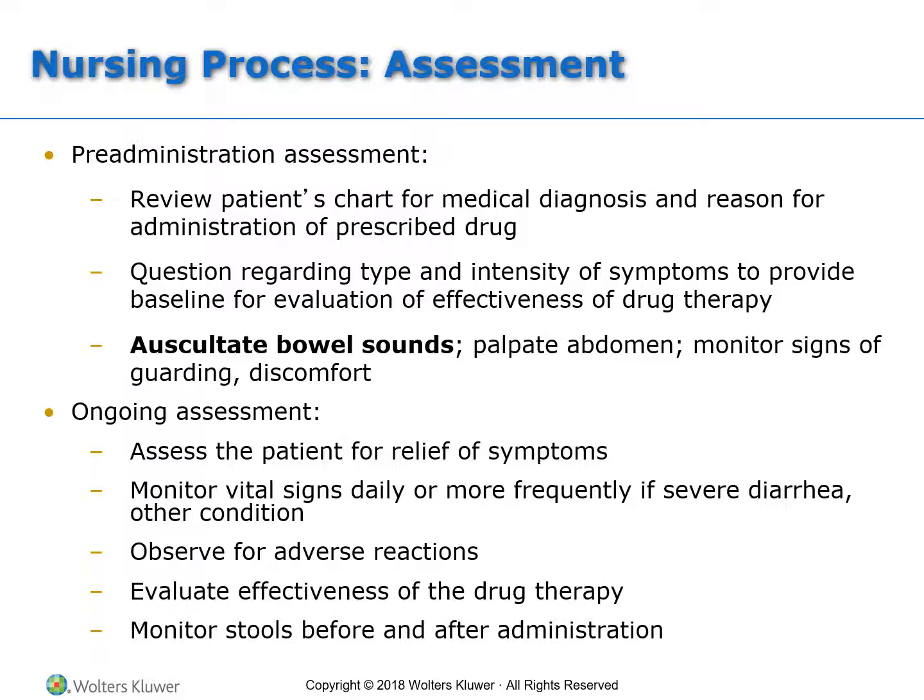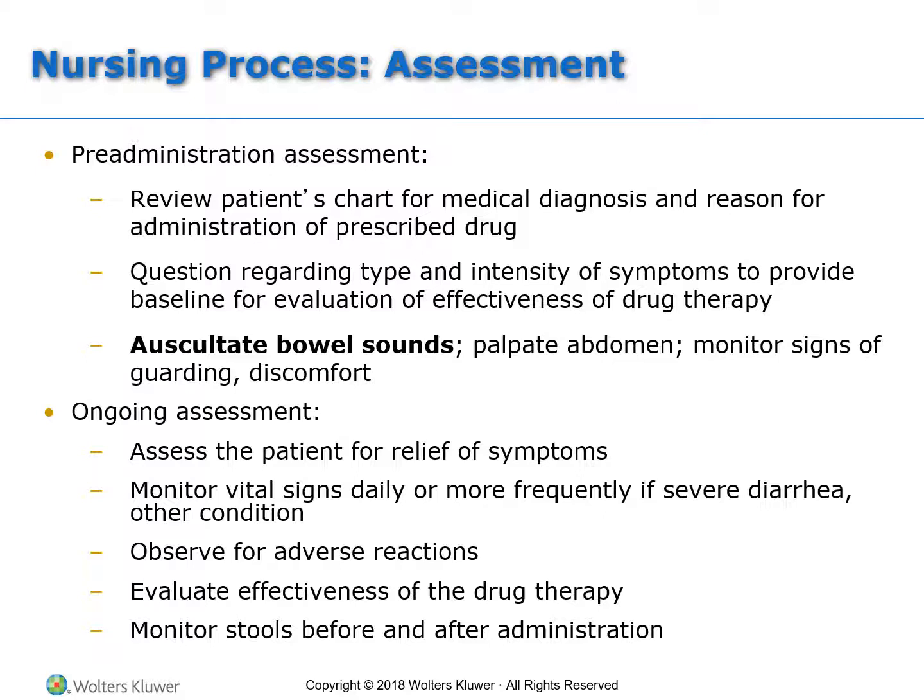Palpate the abdomen. If there's any guarding or discomfort, determine the cause of that. Look for the location. Remember signs and symptoms of appendicitis or anything that could alert you to a serious issue where we would not administer the laxative. Ongoing assessment, monitor for relief of symptoms. Look at their vital signs. If they're having severe diarrhea, watch more closely.